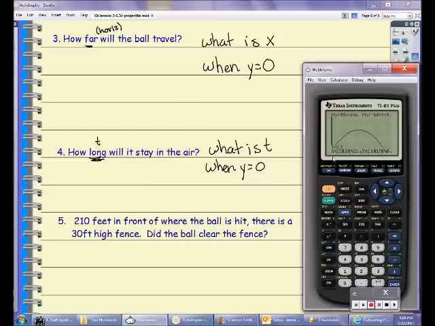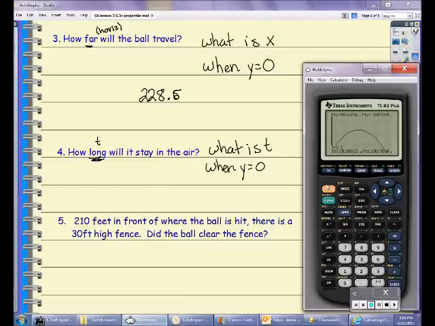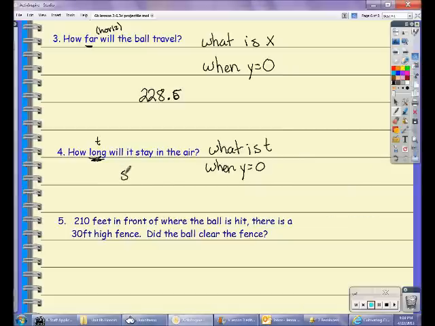So how far did the ball travel? That's our x value, 228.5. I think it actually might have been 0.6 when we rounded. And how long did it stay in the air? Looking back at our calculator, right here, 5.3 seconds. We generally want to be about 1/10 of a second accurate.